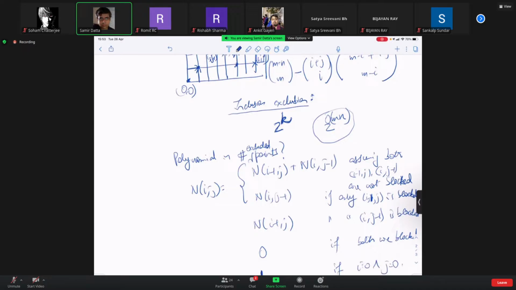i equal to 0 and j equal to 0. So is this recursion correct? Does it count the number of paths from 0,0 to i, j, assuming that some of these things are blocked? Tell me.